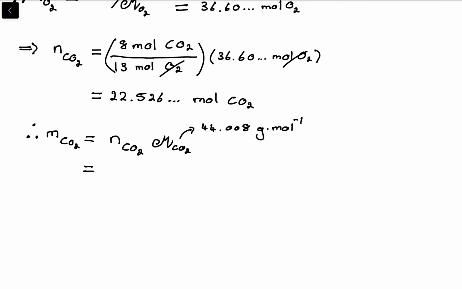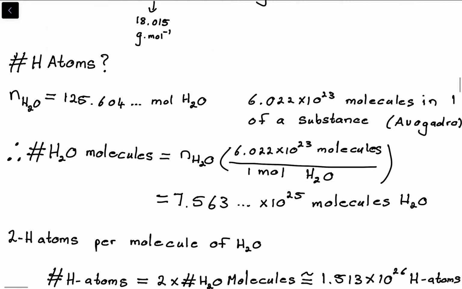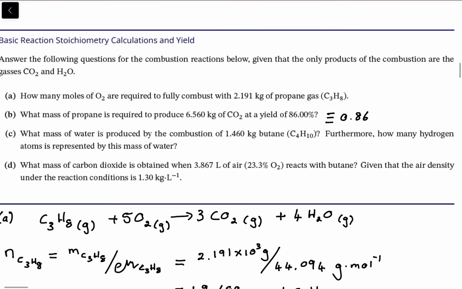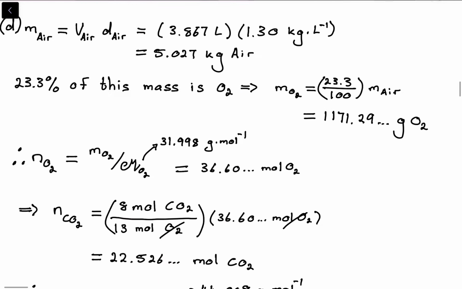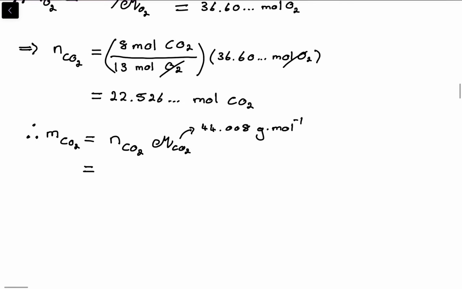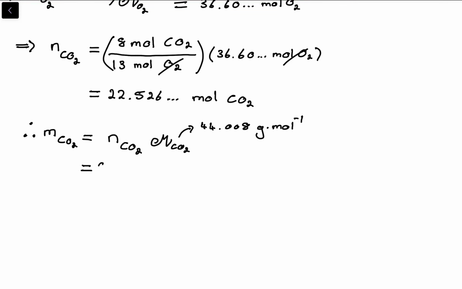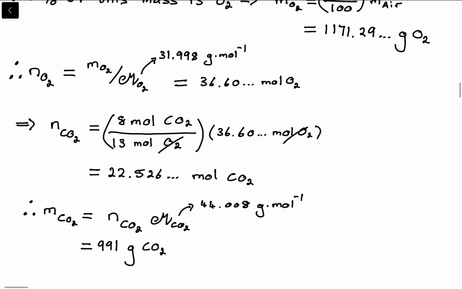We should get a value here of, so it's 3 significant figures because if you look at 23.3 as well as the density, 1.30, this time it's 3 significant figures. So you get 991 gram CO2 is produced. Okay.